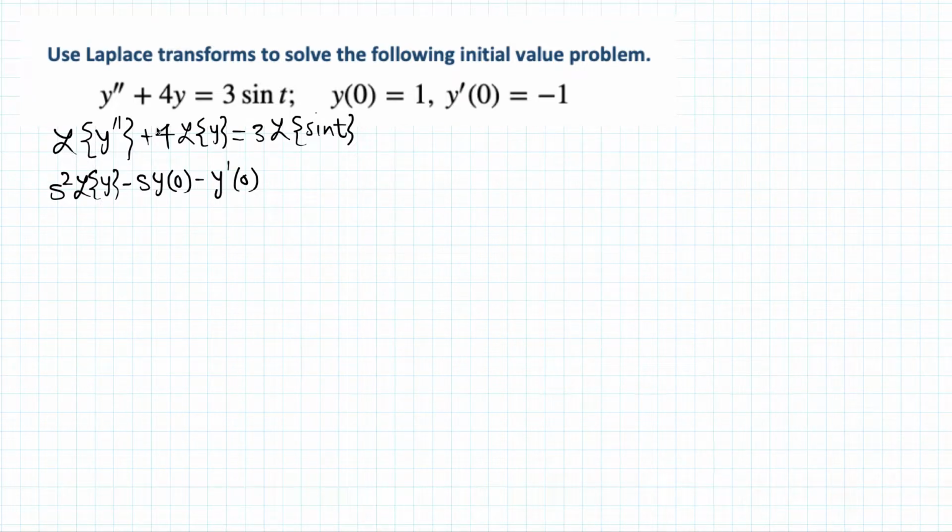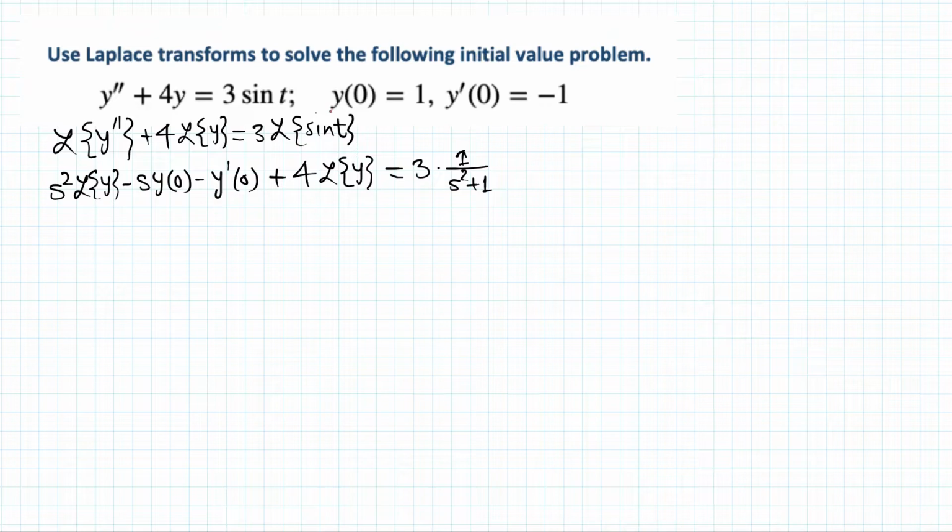Laplace of y double prime plus 4 Laplace of y, just as it is because we don't know anything, equals 3 times Laplace of sine t. Again from the Laplace transform table, sine t is 1 over s squared plus 1.